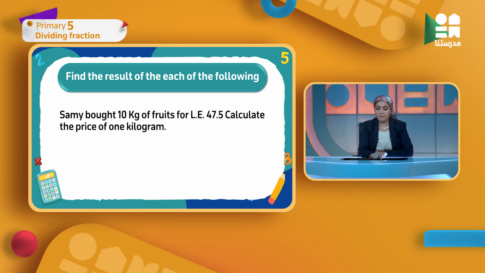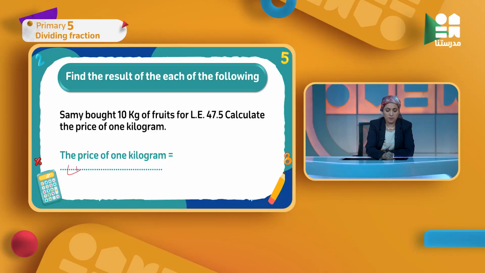Now I have a question before the end of our episode today. Sami bought 10 kilograms of fruits for LE 47.5, and we want to calculate the price of 1 kilogram.